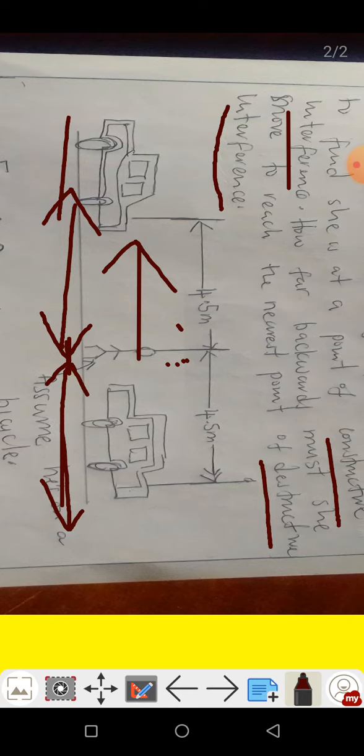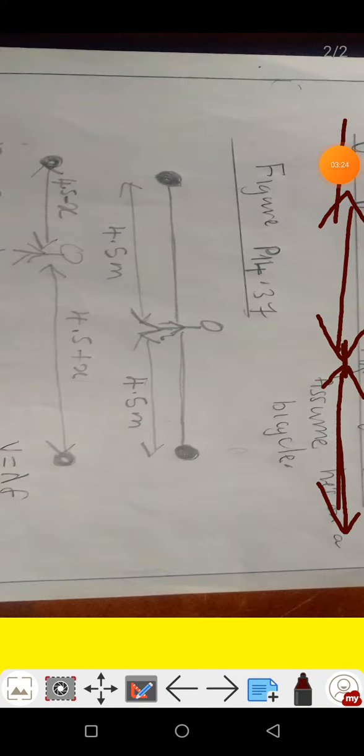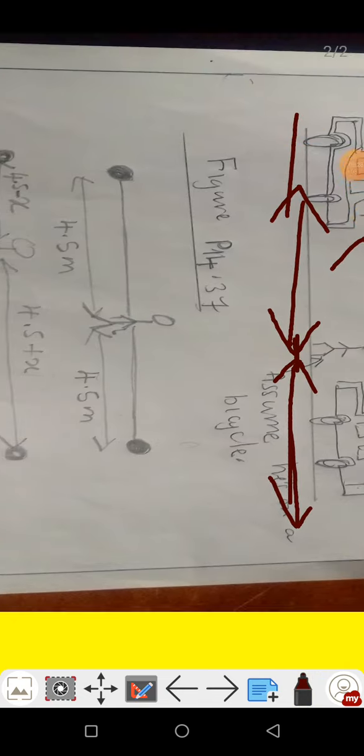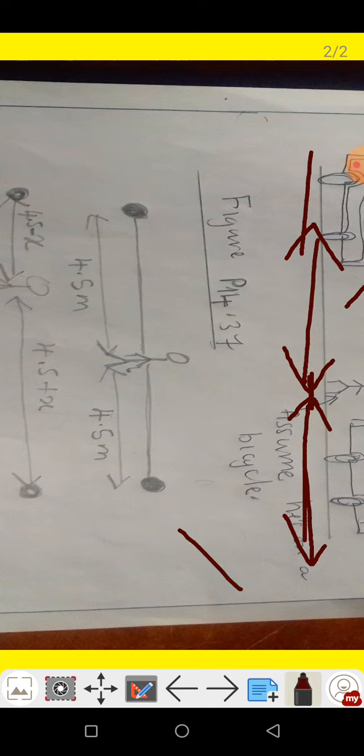So in physics, it's very important that you come up with the simplest possible diagram. We call it a free body diagram, so that you are able to understand. And if you are able to draw a free body diagram, that shows that you have understood the question. So this is our free body diagram.